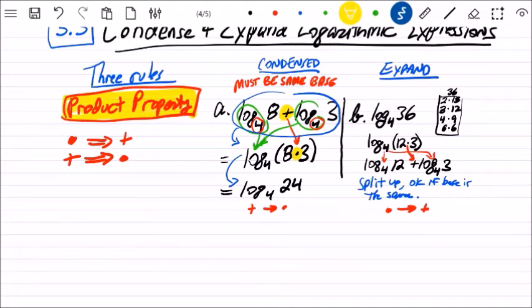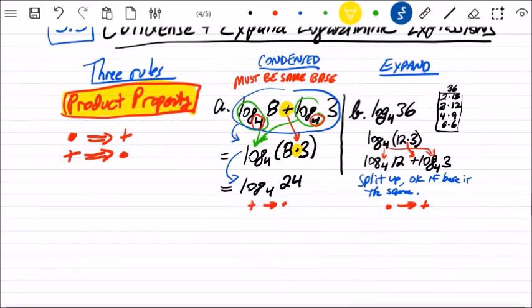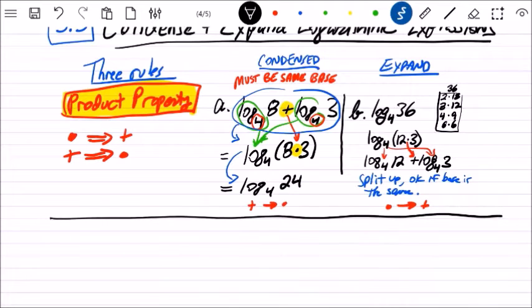Now, there are two other properties. One of them is almost like the opposite of this, and that one's called the quotient property. It's the same concept.